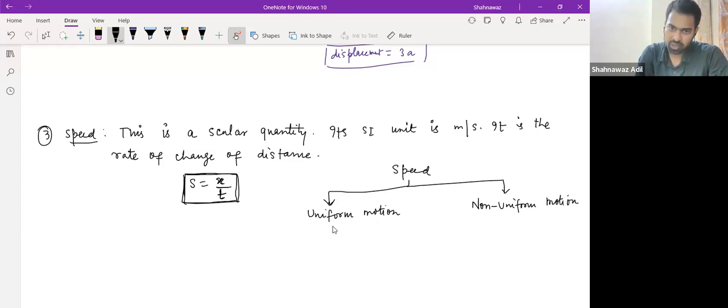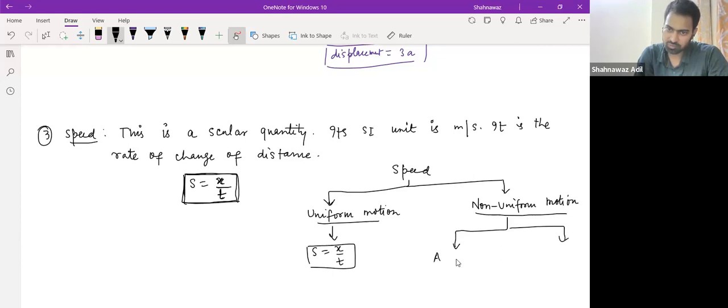In the uniform case, the speed is simply x by t. And in the case of non-uniform, there are also two kinds: one is average speed, and the other one is instantaneous speed.